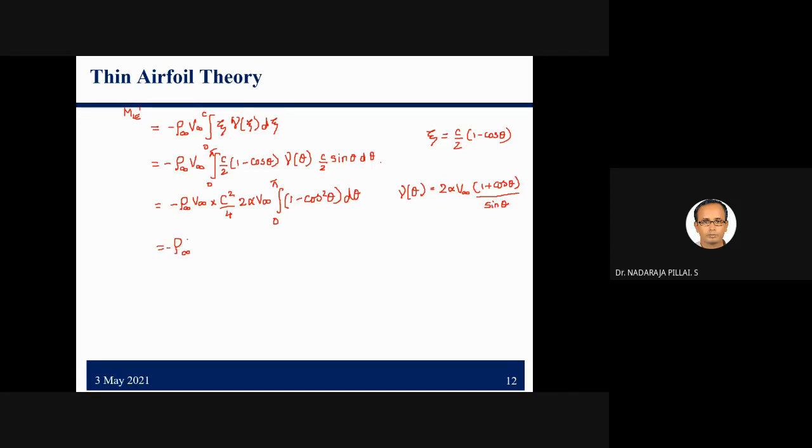minus rho infinity v infinity square c square by 2, alpha and pi by 2.